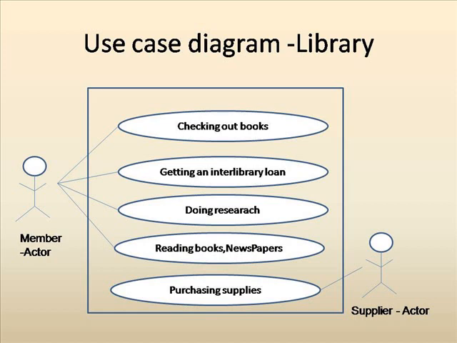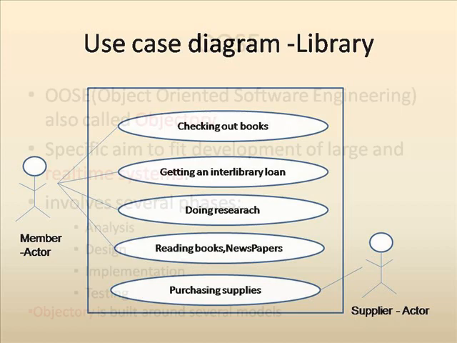Events that are performed in the library are checking out books, getting an interlibrary loan, doing research, reading books and newspapers. Whereas the librarian orders new books, that is, purchase supplies. So the librarian orders the books from the supplier.